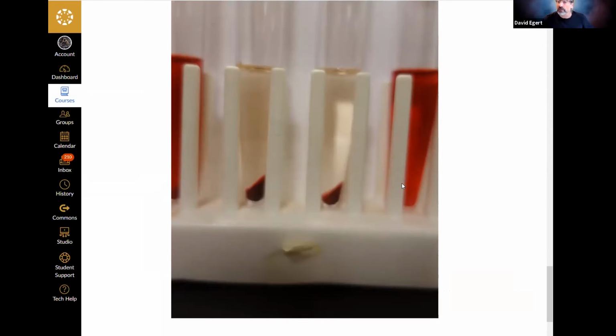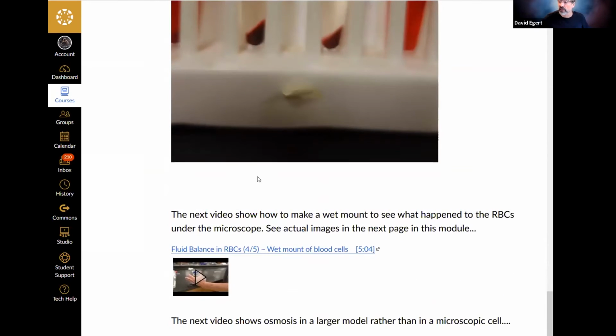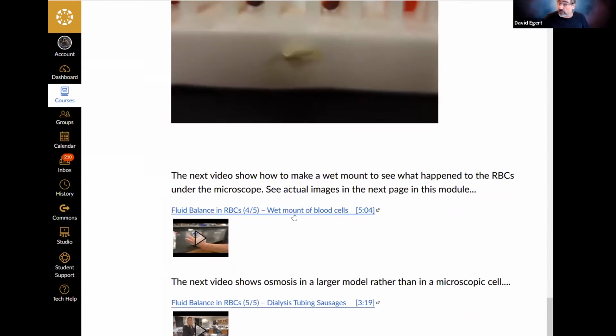So the next part, normally what we would do is take some samples. We'd resuspend the blood a little bit and we'd look at them under the microscope so you could get a sense of what they actually look like. I'm going to show you this little video which just shows the process of making the wet mount, which is something you also do if you're in micro.